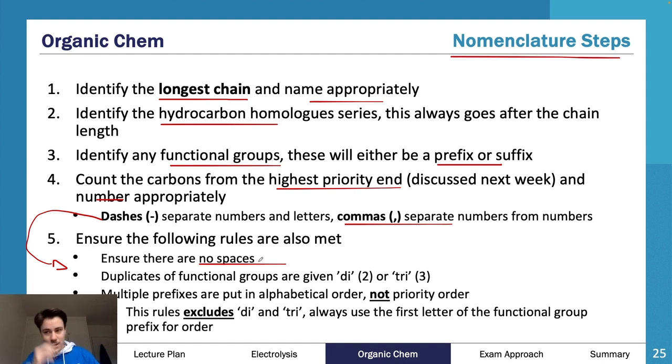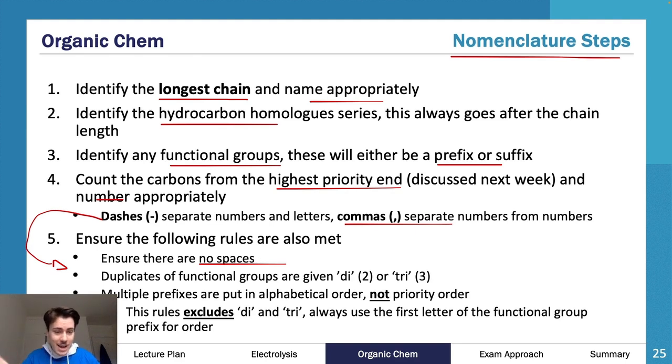If you're doing 2-chloro, 3-bromo, 2-methylpentane, there are like 5 words in that. You read that as, 2-chloro, 3-fluoro, 2-methyl pentane, I read that as like 7 words there, but there is to be no gaps.